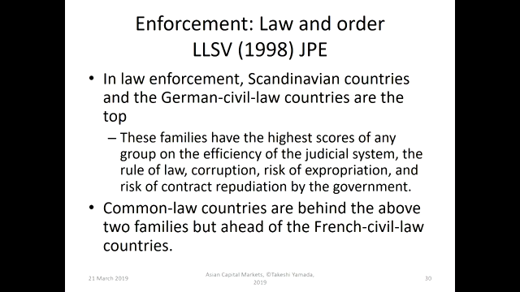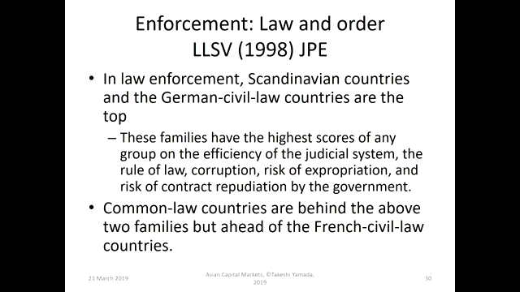Okay, so then I won't go into too much detail on this, but for law enforcement, the Scandinavian and German countries are the top. Okay? And these families have the highest scores of any group on the efficiency of the judicial system, rule of law, corruption, risk of expropriation, and the risk of contract repudiation by the government.